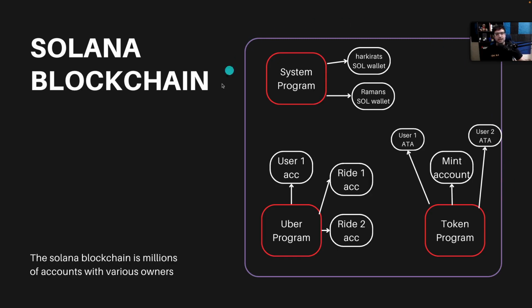So this is a high level of the Solana blockchain and how it looks like. Thousands of addresses, one address owned by another address owned by another address. If you remember from last week, this Uber program is also owned by something called the BPF loader. The BPF loader is the program that is responsible for pushing new programs on the Solana blockchain. So it's a very big web of accounts is what the Solana blockchain is.